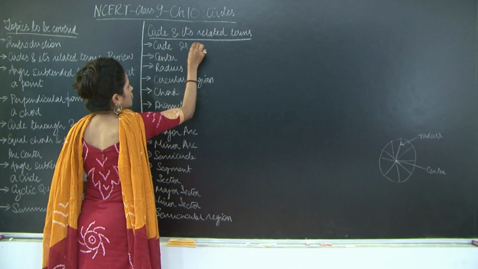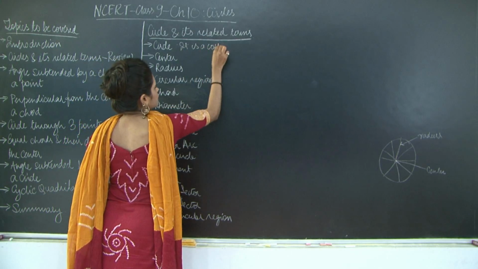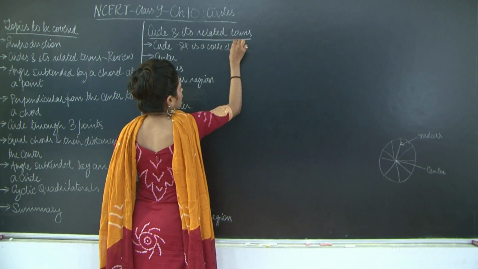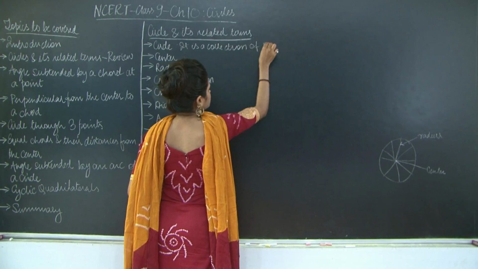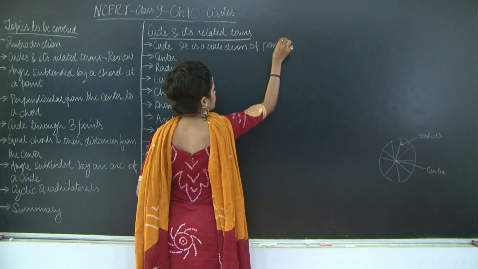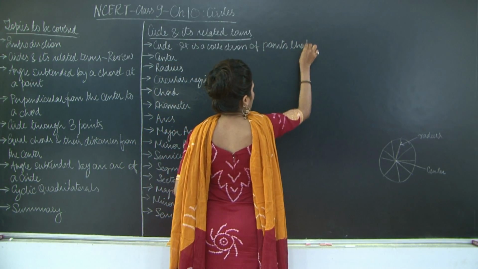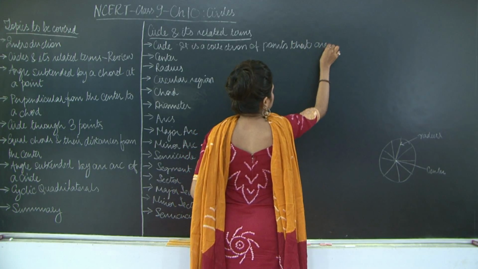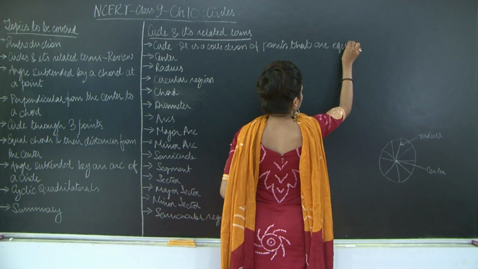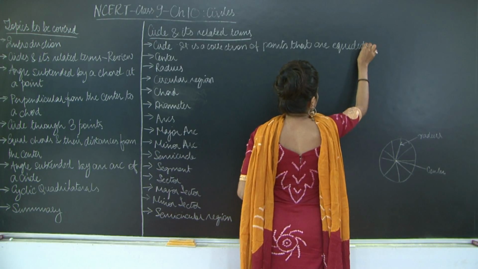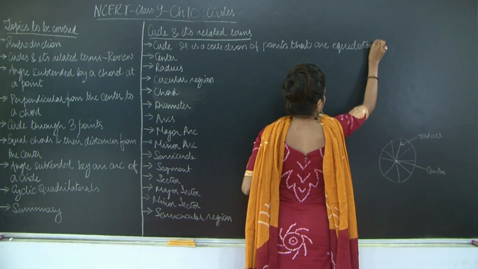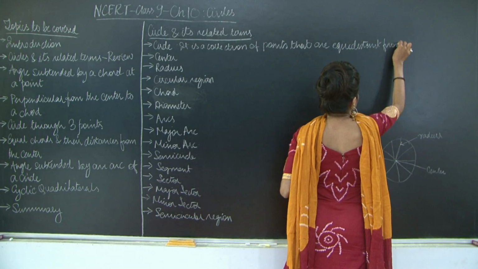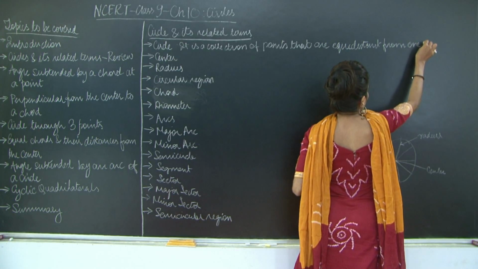It is a collection of points that are equidistant from one point.